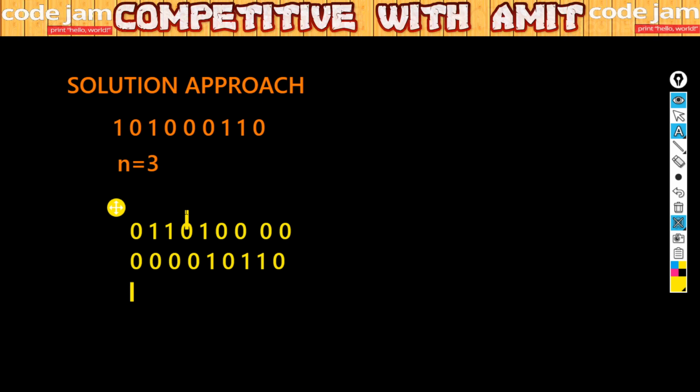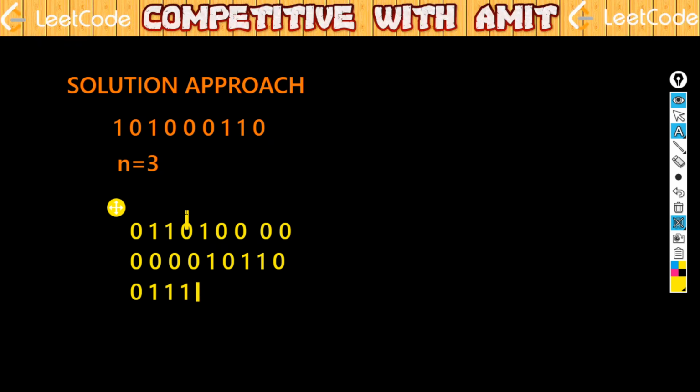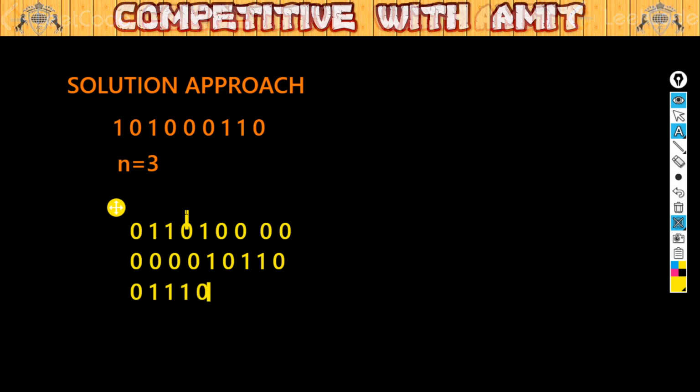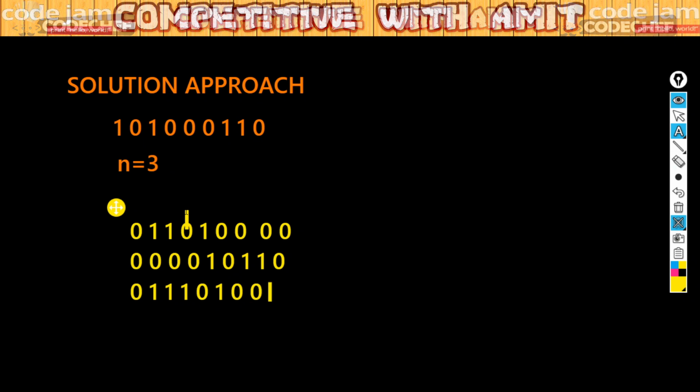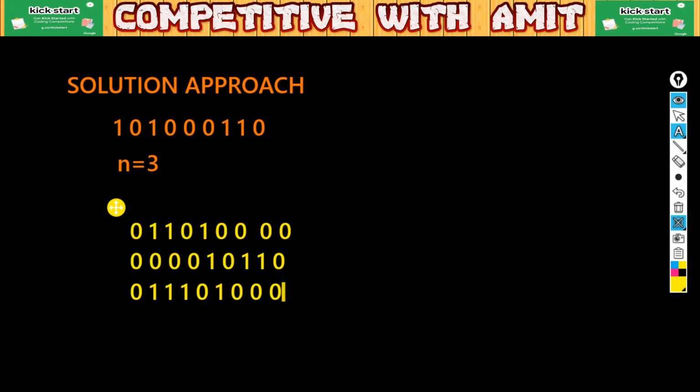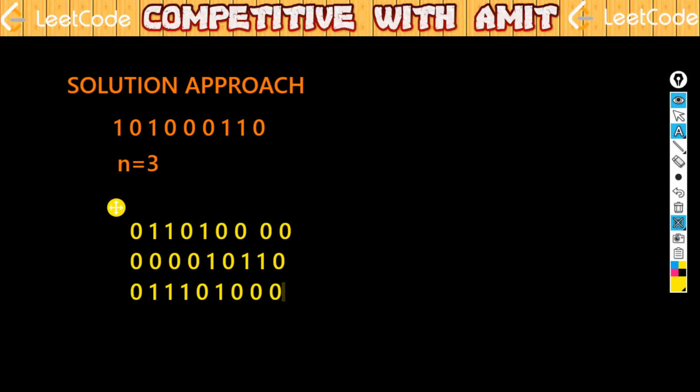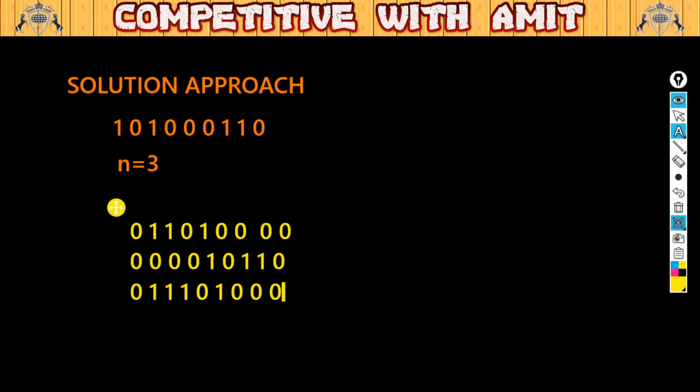Now for n equals to 4 it will be 0, 1, 1, 1, 0, 1, 0, 0, 1. So this will be our answer, where for n our final answer will be 0, 1, 1, 1, 0, 1, 0, 0, 1. So this will be our answer.